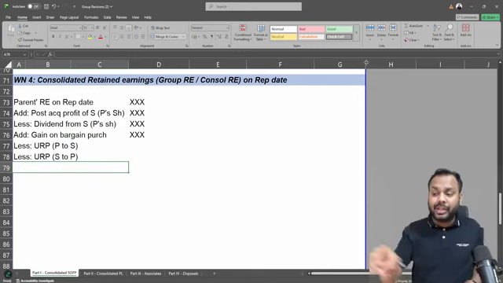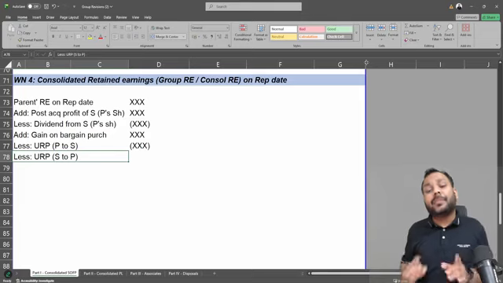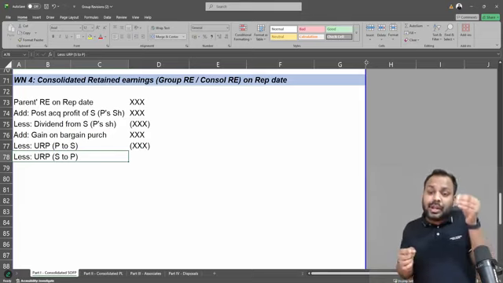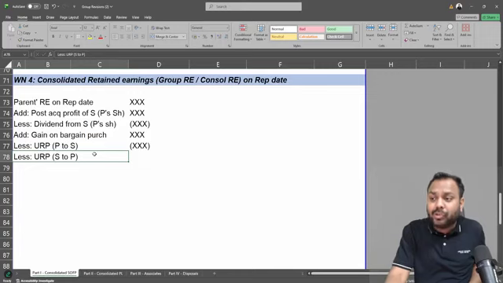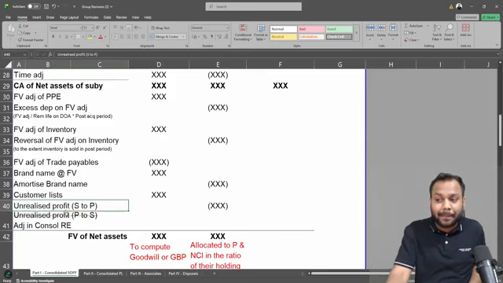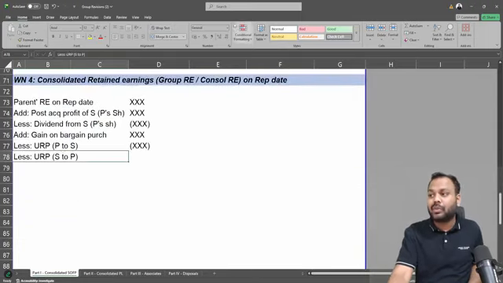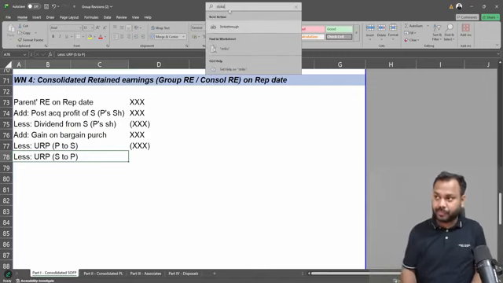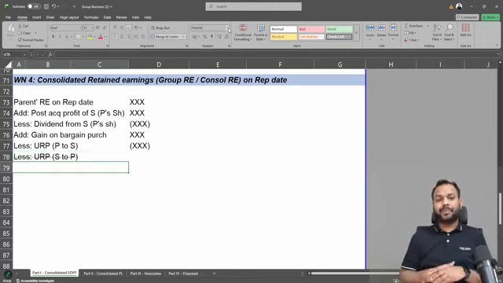Parent. So it will be adjusted here. But if subsidiary has sold the goods to parent, we have to reduce the profit of subsidiary. Will we adjust here? No. S to P was adjusted in post acquisition profit; P to S is adjusted in consol RE. So this part will not be adjusted here. Strike through. Is it clear, everyone?